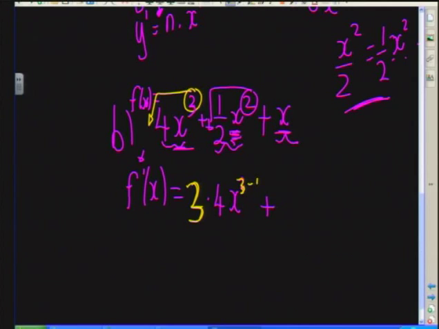Okay, here we've got 2, x to the power of 2, so it's going to be 2 times a half, and then x to the power of 2 minus 1, plus x to the power of, this is a 1, so again the same thing, take the 1 times it by the x, and it's going to be x to the power 1 minus 1.